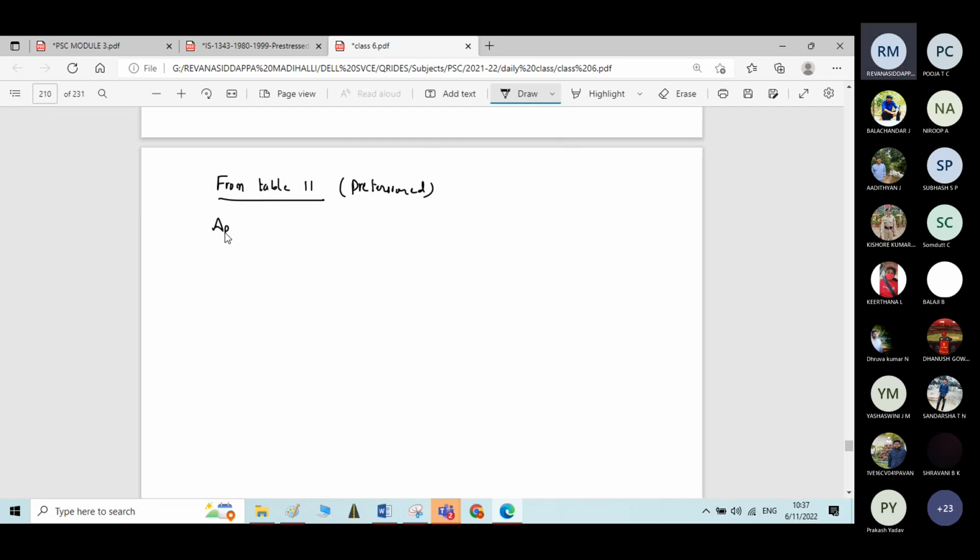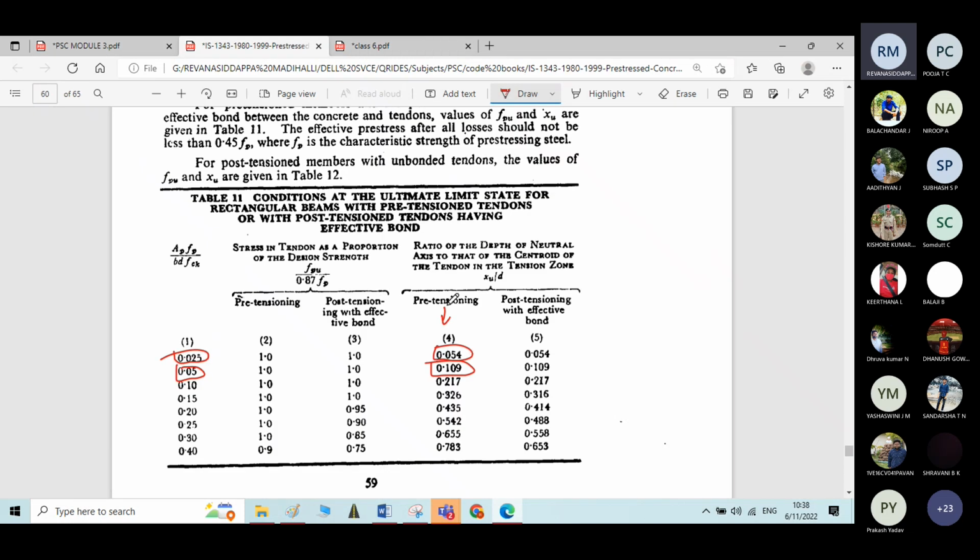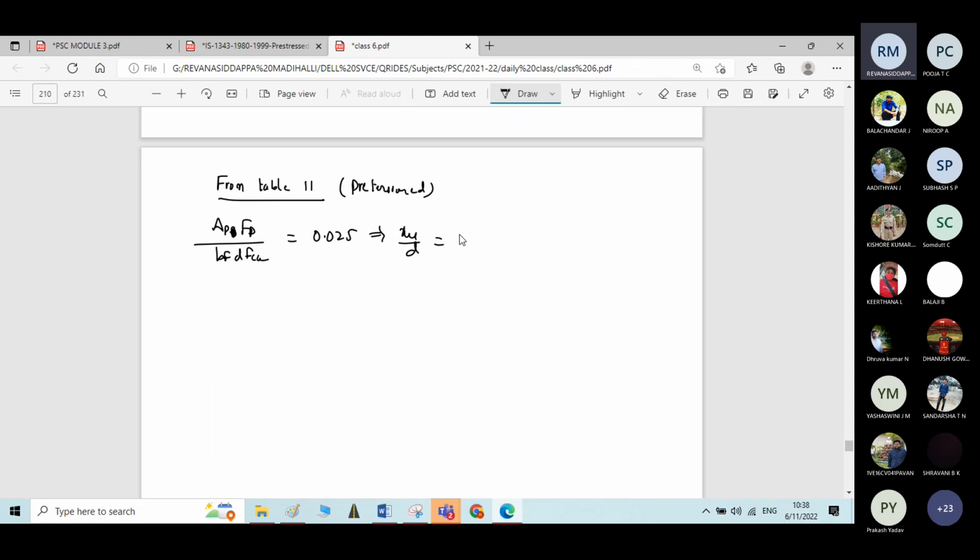When AP into FP divided by BDFCK is equal to 0.025, the corresponding XU by D is 0.054.